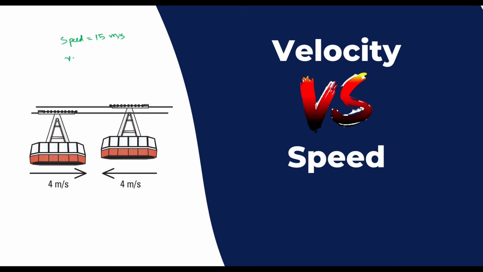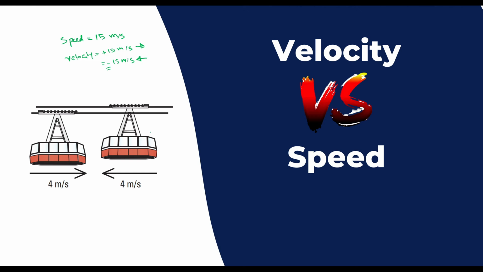But velocity for that same object would be either plus 15 meters per second, which means 15 meters per second to the right, or it could equal minus 15 meters per second, which means to the left. So minus here doesn't mean the mathematical value minus 15.